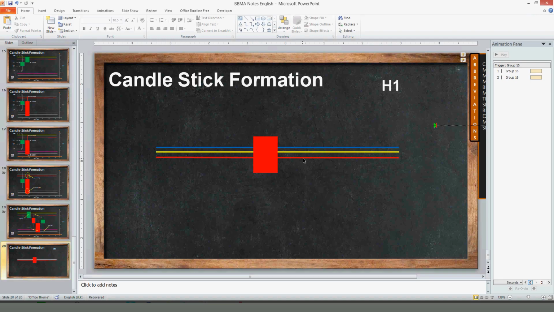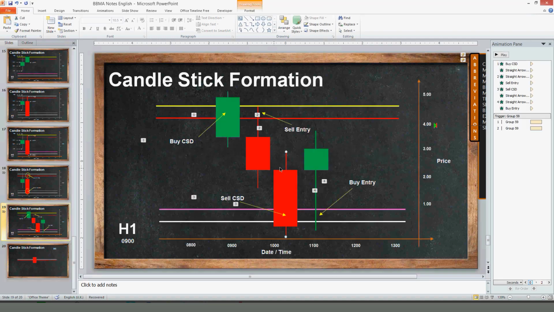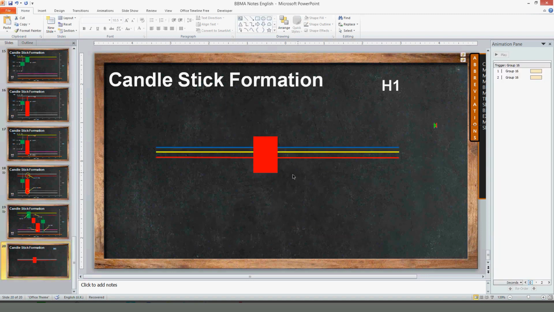If you have read the BBMA notes, if there is a re-entry at middle BB, the movement of the market will be a minimum of three candlesticks going downwards if this is a sell entry. Let me just copy this. Let's say this candle closes like this, like what you're seeing at GJH1.